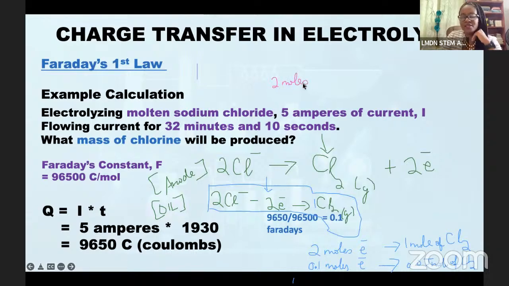So follow me up top here again in this pink writing. 2 moles of electrons from our balanced equation is gonna give us 2 moles of Cl... 1 mole of electrons is gonna get us 0.5 moles of Cl2, right?